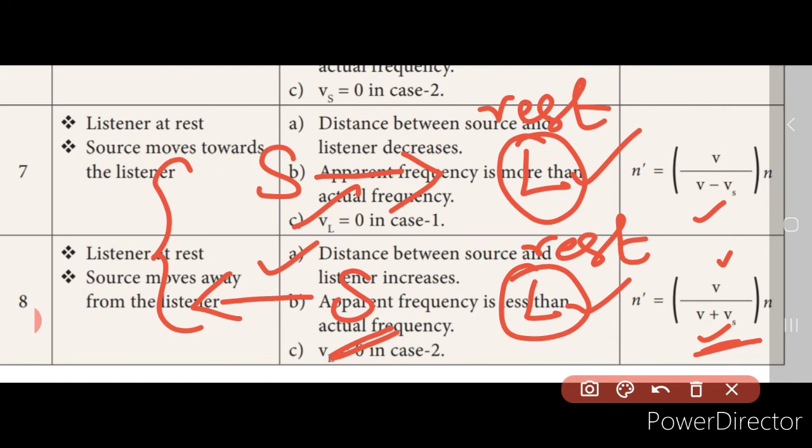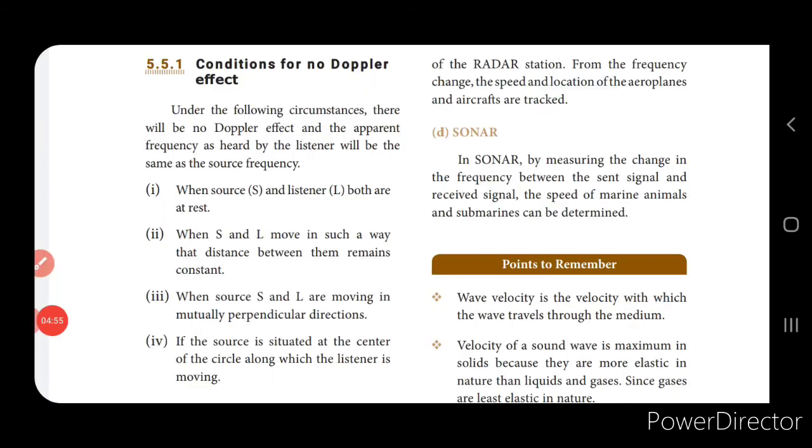So these formulas are very, very important because we have numerical problems using these formulas. Here we are going to see the conditions for no Doppler effect. In which situations, in which circumstances, will there be no Doppler effect? Now there are 4 conditions in which no Doppler effect can be seen.